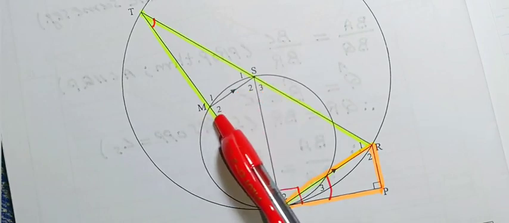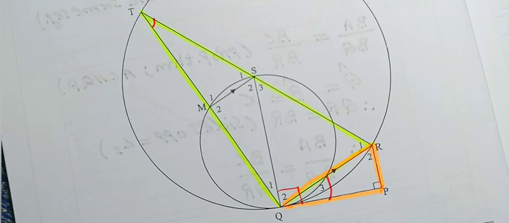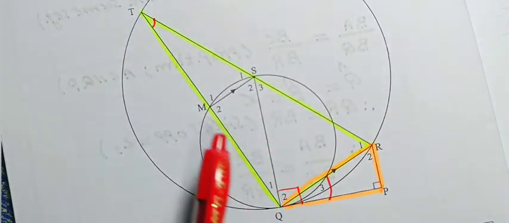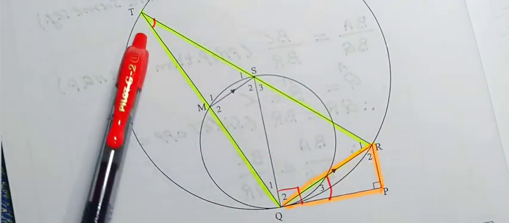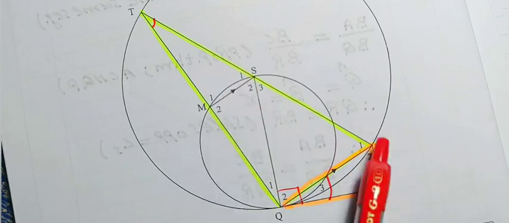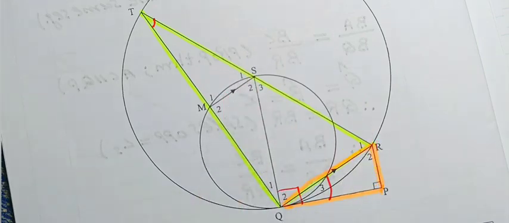PQ is already given, QP or PQ same thing, root 640. He is looking for the radius of this larger circle. The TR is the diameter. If you find the TR, then we can divide by 2, and that's going to be the radius of the major circle.